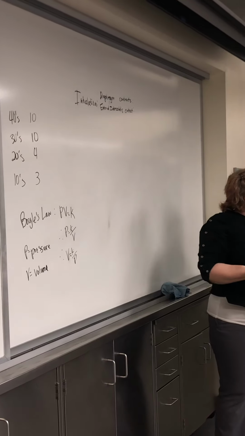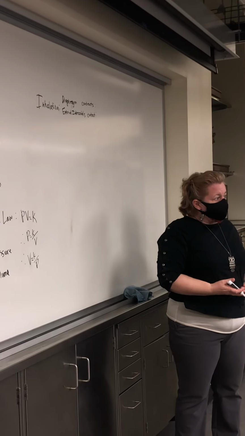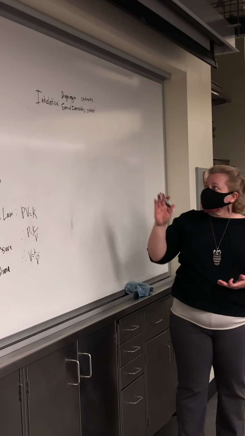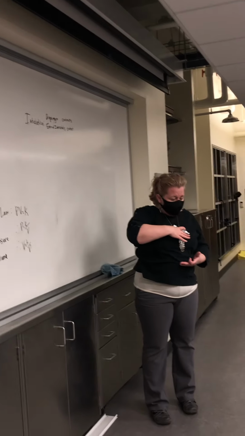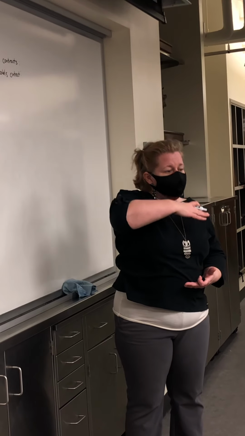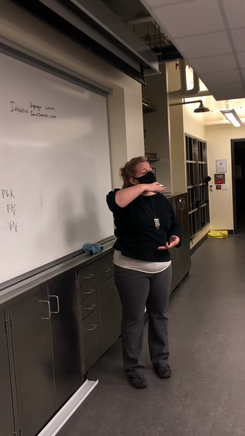So when the diaphragm contracts, it pulls the lungs down, or it pulls the cavity down. When the external intercostal muscles contract, they pull the cavity up and out, and both of these together increase the volume.